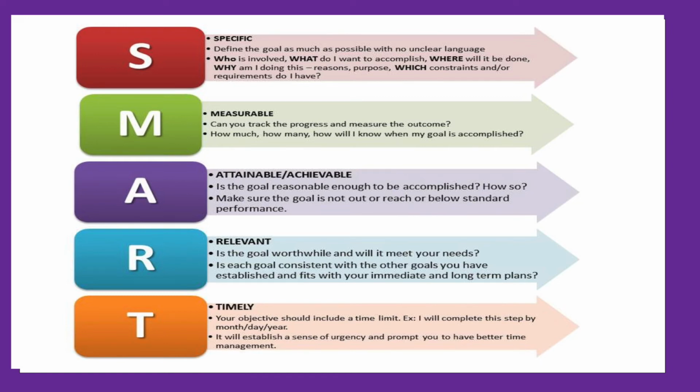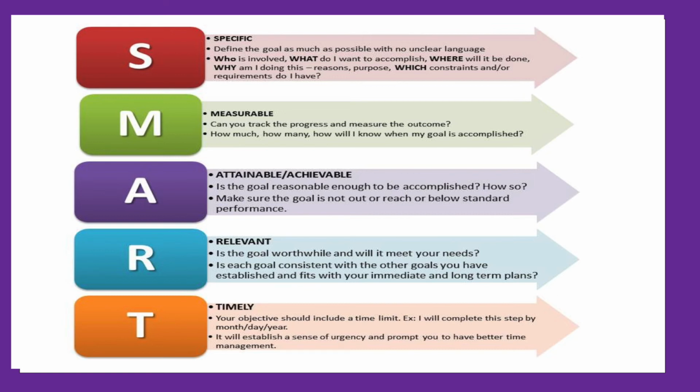That really hones it down. You're really clear about what you're going to achieve. Then the next one is, is it measurable? Can you track the progress, the measures and the outcomes? How much, how many, how will I know when my goal is actually accomplished? That gives you a little idea of where you're heading. And that's really important, because when you look back and do a review, you'll be able to say immediately whether you were successful or not.